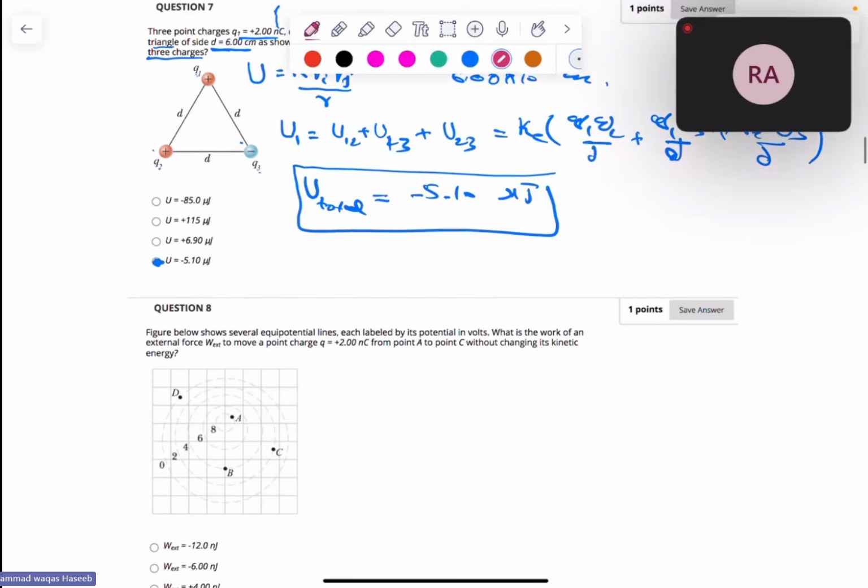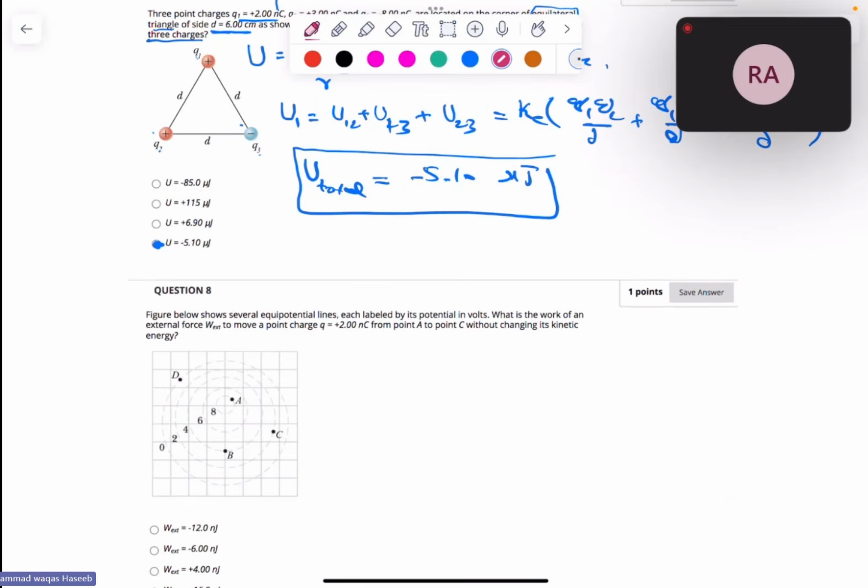Okay. So next is question number 8. The figure below shows several equipotential lines. Equipotential lines means they are all at the same potential. The potential at every point on that surface is the same.